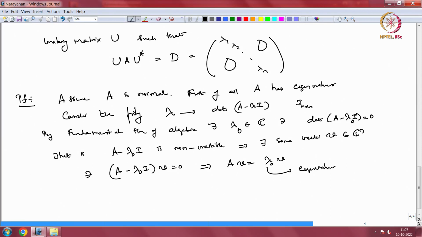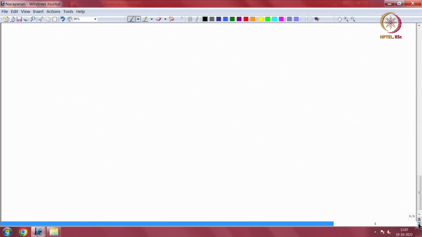So, let us start. Let lambda 1 be an eigenvalue for A with eigenvector V1. Okay. So, we want to see what happens. A acting on V1 is simply lambda 1 V1, right.